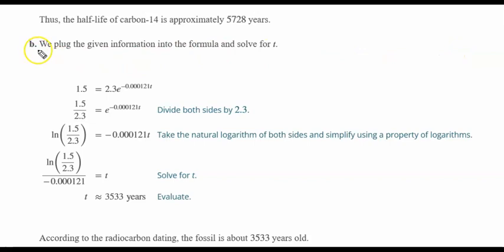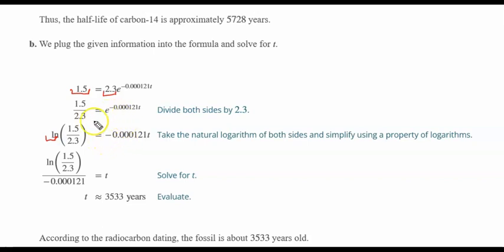Now for letter B, we're going to plug in our knowledge, or data. We're starting off with this much. This is current. And we find that it had this much. So we're measuring now what is the age of this antique organism, in a sense, that started off with this but now has this. Using the same protocol, we're going to divide both sides by this, get this, convert this to its natural log form.